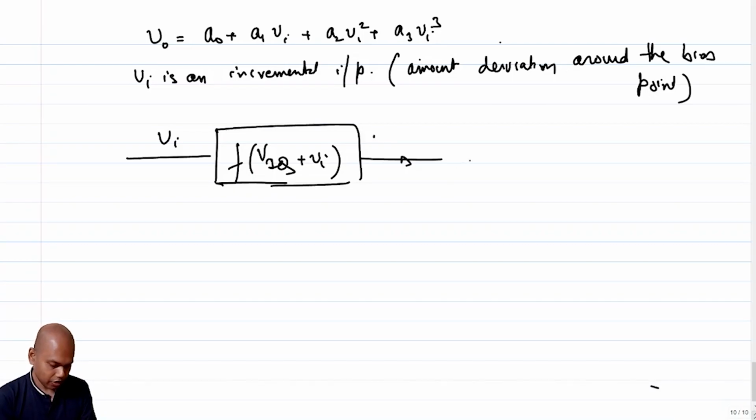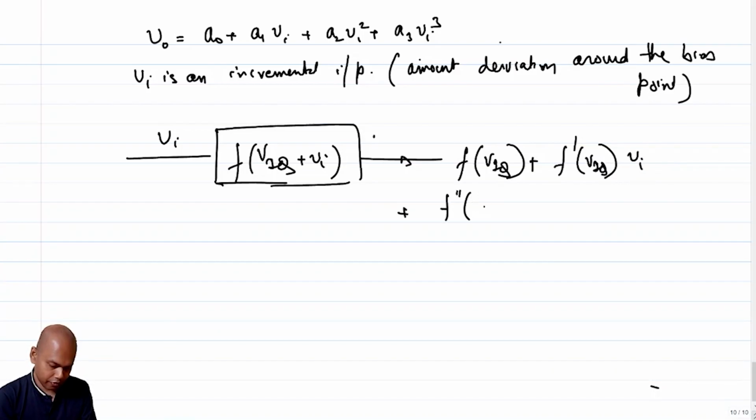I get, obviously, f of VIQ plus f dash, the first derivative of f with respect to VIQ, times Vi, plus the second derivative by factorial 2 Vi squared plus the third derivative by factorial 3 times Vi cubed.